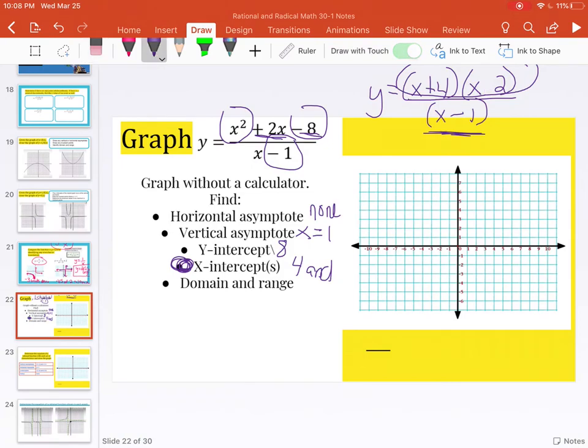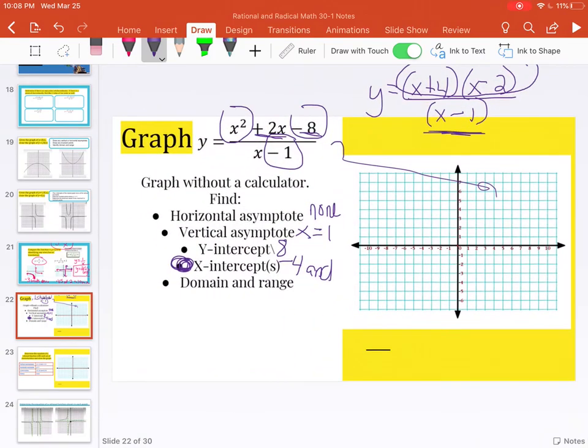Oh, good thing I caught that. There we go. So it ends up having an x-intercept at -4 and +2. There we go. That looks better. -4 and +2. And then from here I'm going to graph this.